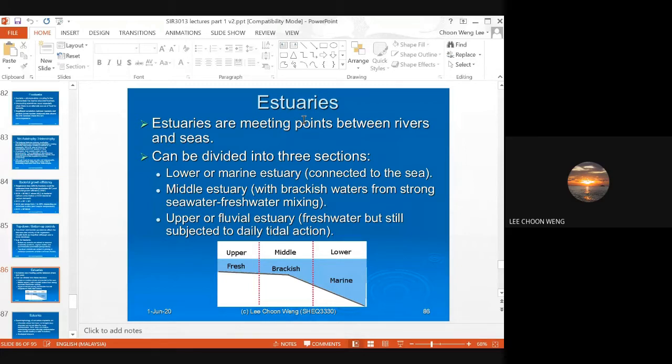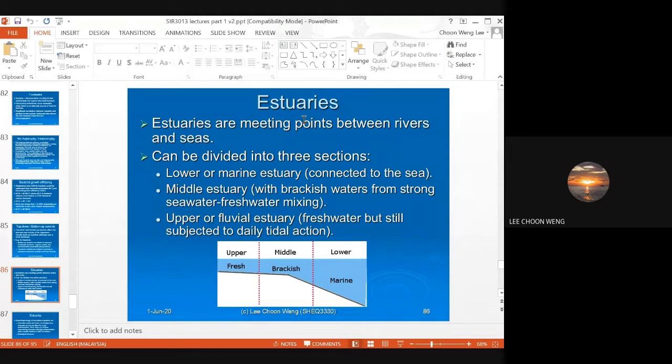You need to have some kind of measurement to help you set the boundary. Usually the variable that we measure is salinity. Salinity measures the amount of salt in the water. Seawater has about 30 parts per thousand salinity, and fresh water is essentially zero.